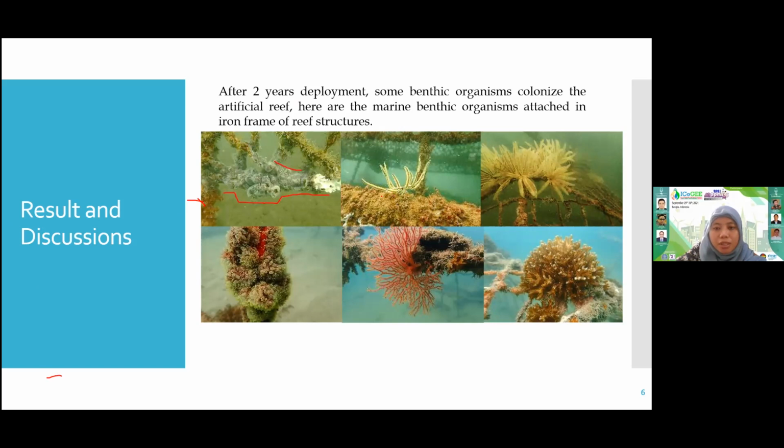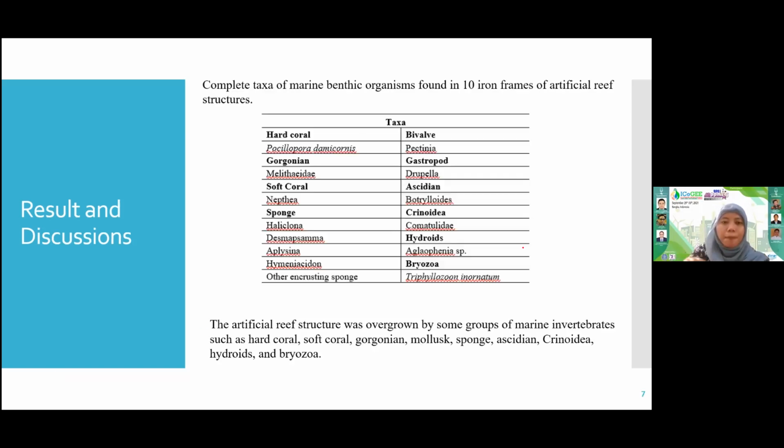The second one is crinoids, and the third one is also crinoids. The fourth one is a tunicate or sea squirt. The fifth picture here is a gorgonian. And the last picture here is the natural growth of hard corals.